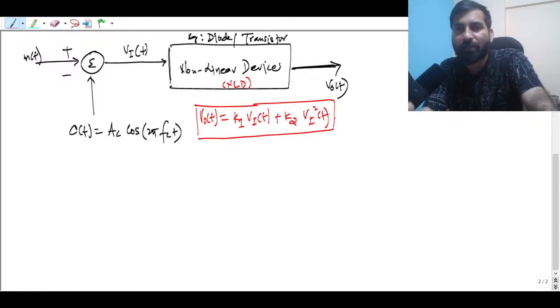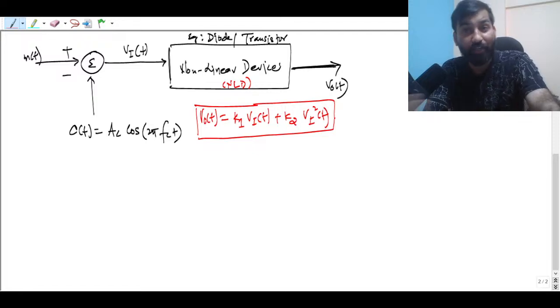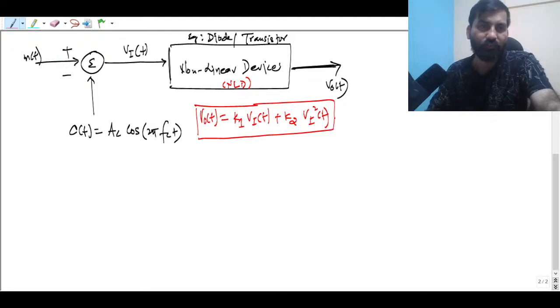So remember this: in the transmitter side you use the ideal band pass filter, and in the receiver side a low pass filter, because you have to get back your signal, which is a low frequency signal.